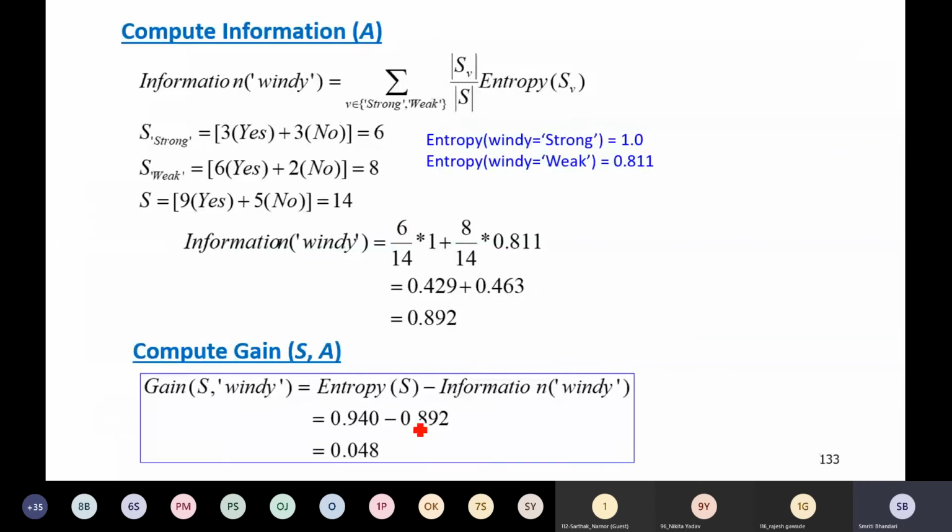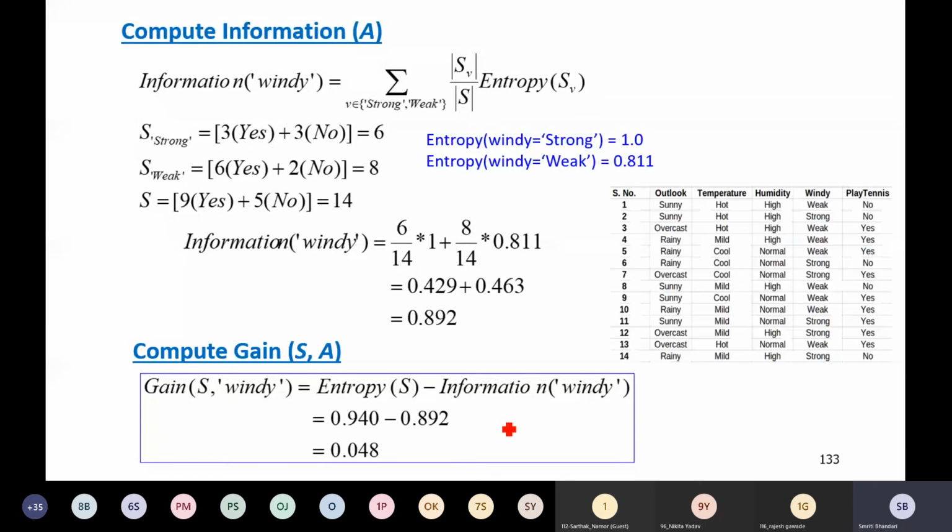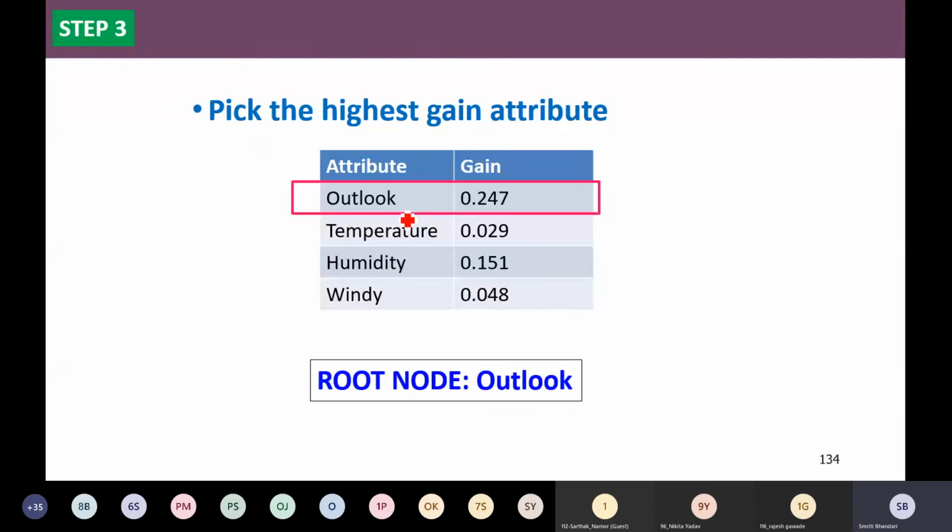Okay, and after computing these gains for the four attributes, in the last step of our algorithm we are going to list out the attributes and the computed gains. So outlook has gain 0.247, temperature has gain 0.029, humidity has gain 0.151, windy has gain 0.048.